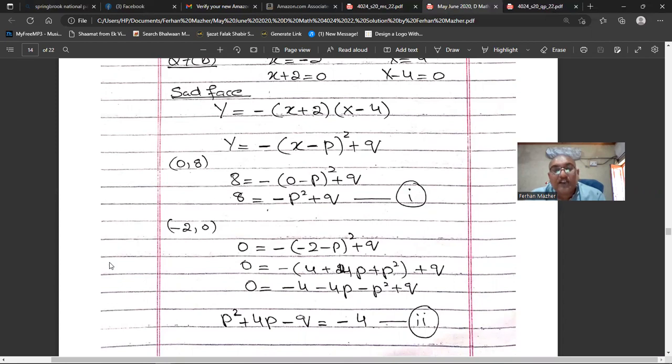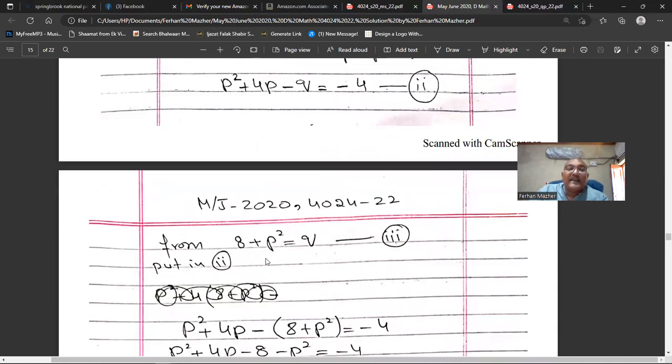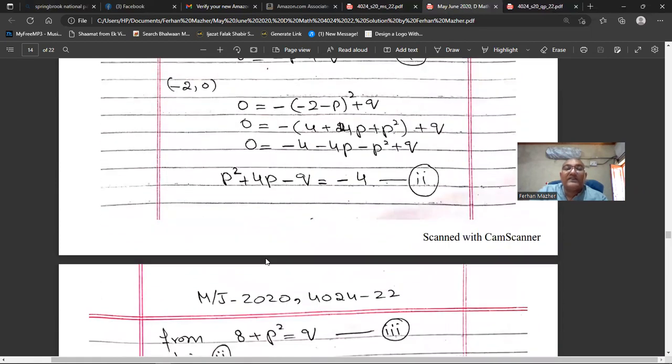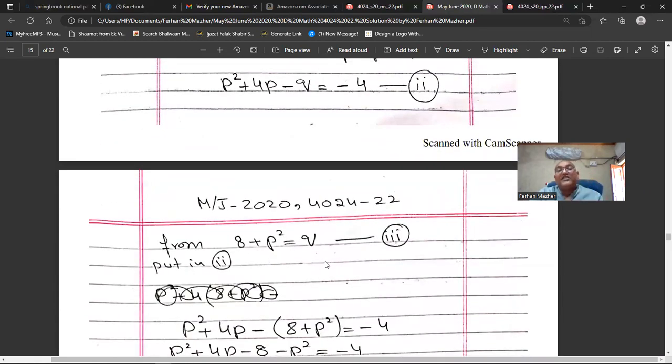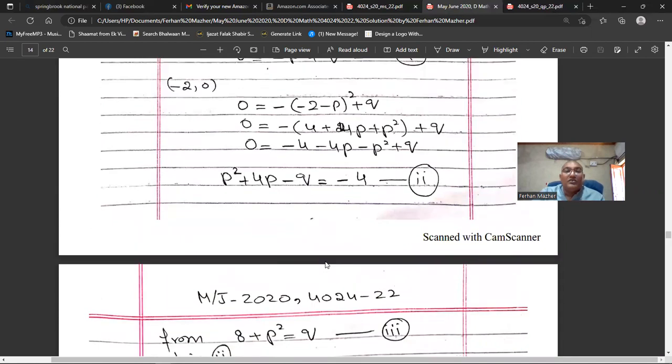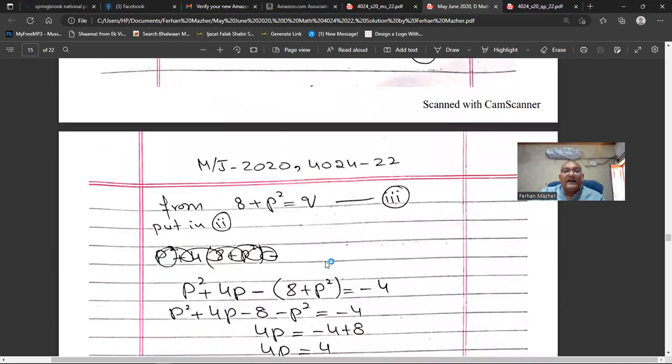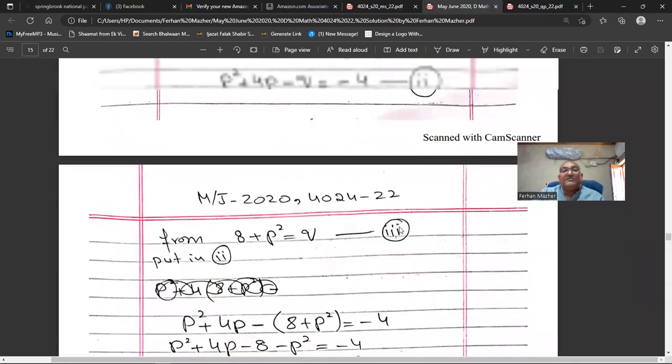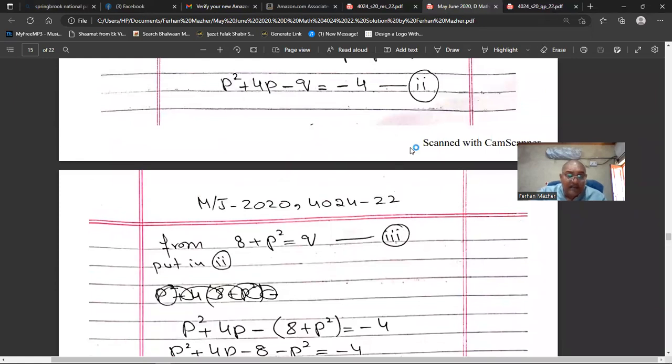So 0 equals -4 minus 4p minus p square plus q. That means p square plus 4p minus q equals -4. That's my second equation. From my first equation, which is 8 plus p square equals q, I will put that in the second equation.